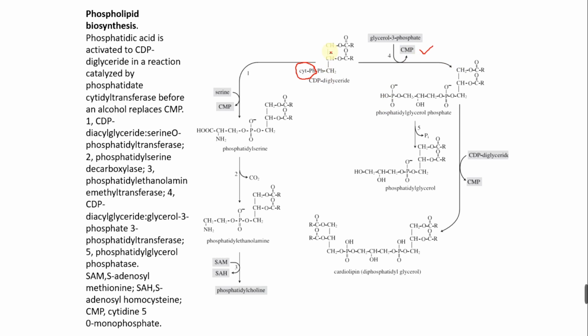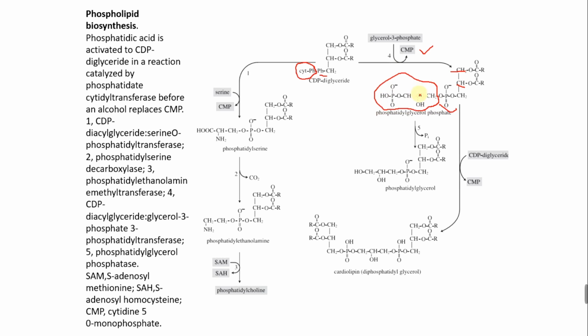So this is CH2OR and CHOR, and this is the phosphate, and the remaining is glycerol 3 phosphate. Glycerol 3 phosphate means CH2, CH2 with the phosphate.